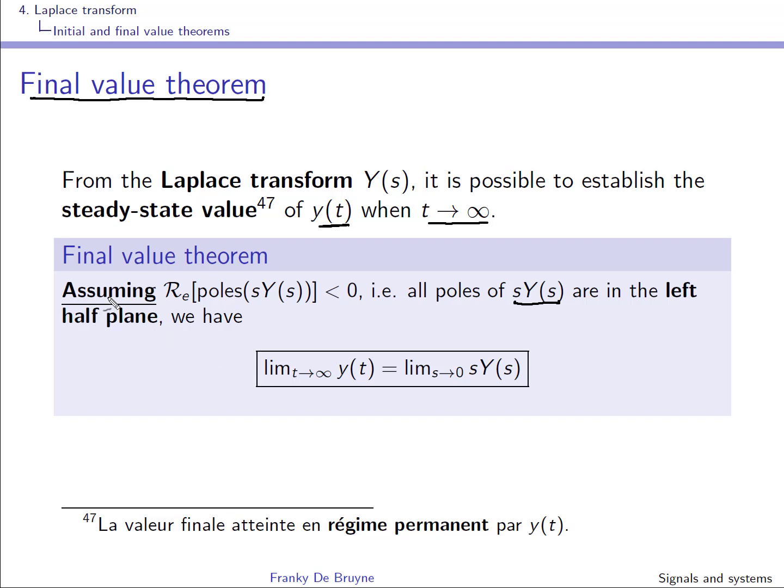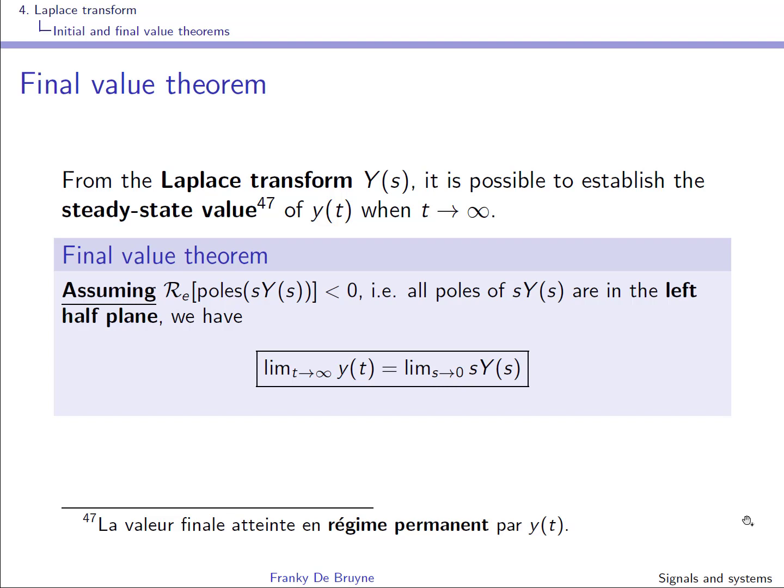When you meet this assumption, you can compute the steady state value of y of t, that is the limit when t tends to infinity of y of t, and this steady state value is the limit when s tends to 0 of sY(s). Notice again this inverse relation between time and frequency. Remember that s is equal to j omega, so when time tends to infinity, the corresponding s is of course tending to 0.